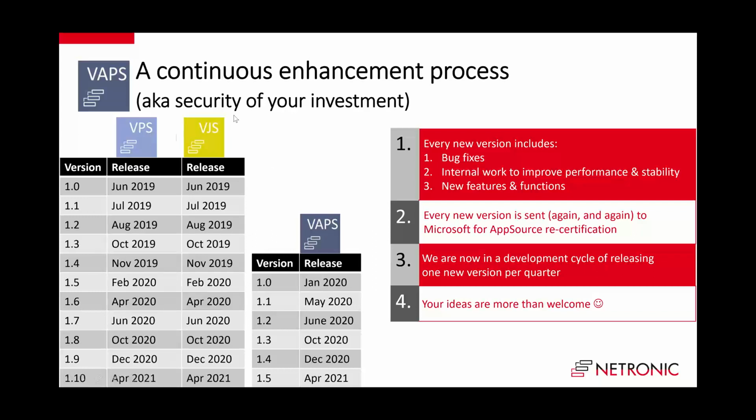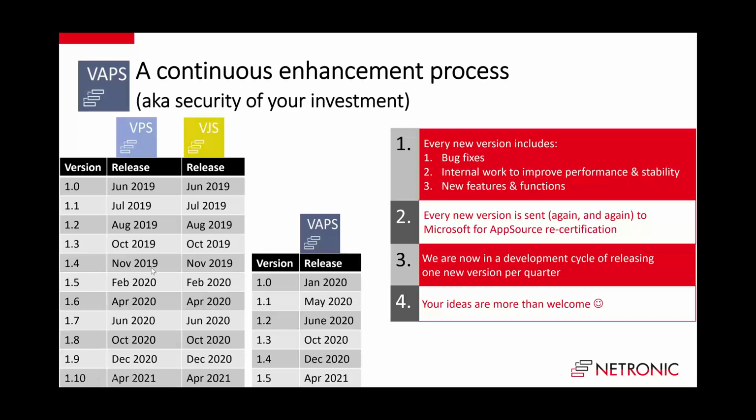So overall, I wanted to reconfirm the message that with every new version, we do bug fixes, we do some behind the scenes work to improve performance and stability, and we also ship new features and functions. And with this release, we will also ship something new that I will talk about in a second.